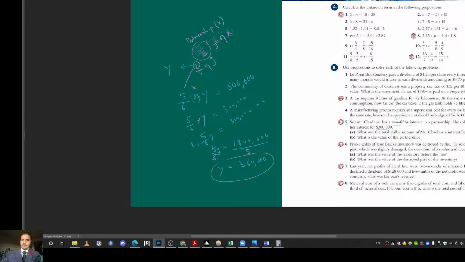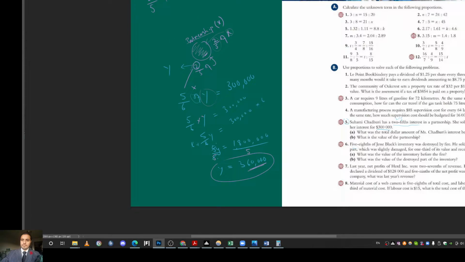This 2 actually equals $360,000. So in other words, 2/5 of the partnership X equals 360,000.